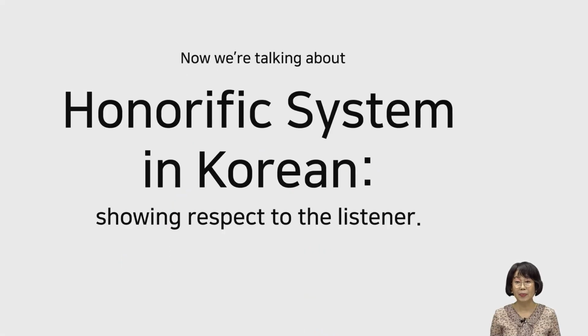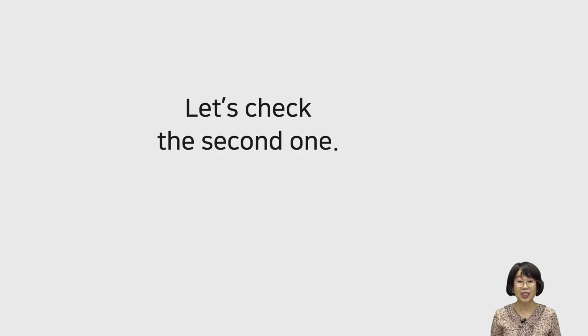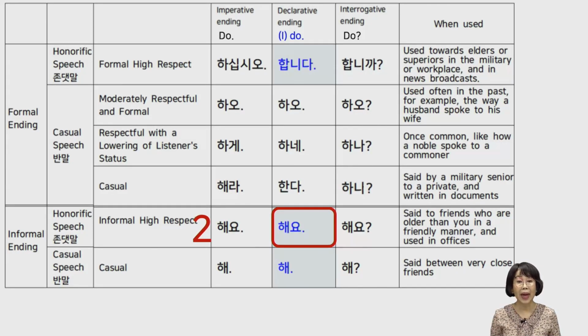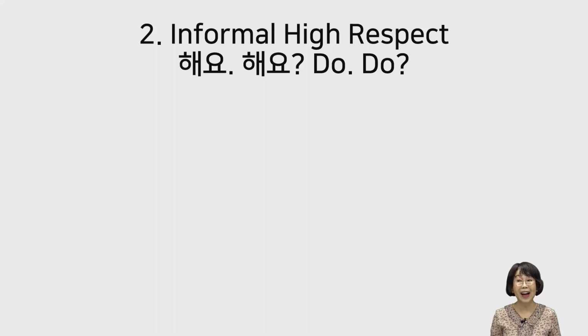Now we are talking about the honorific system in Korean, showing respect to the listener. Let's check the second one: 해요. Informal high respect, 해요. Do.